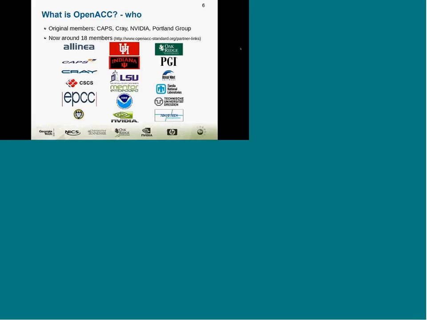So there were originally four members, CAPS, Cray, NVIDIA, and PGI. Today, there are around 18 members. There's a nice mix of academia and industry, all as part of this organization. To me, this is encouraging because it says there's a lot of support behind it. There's varied support.